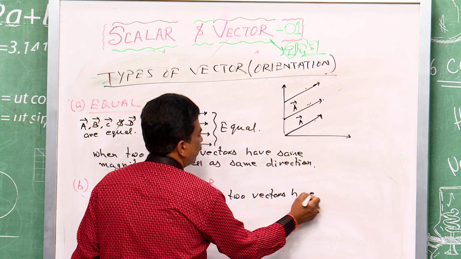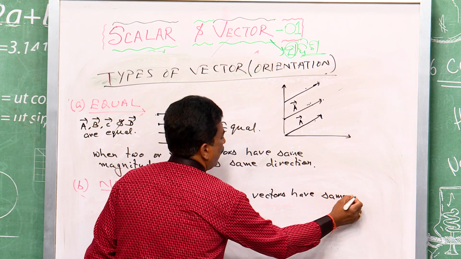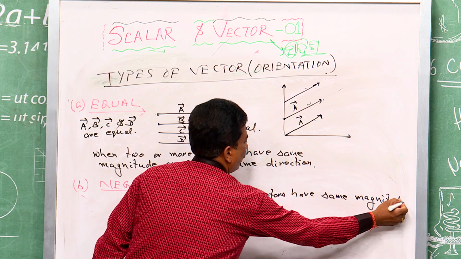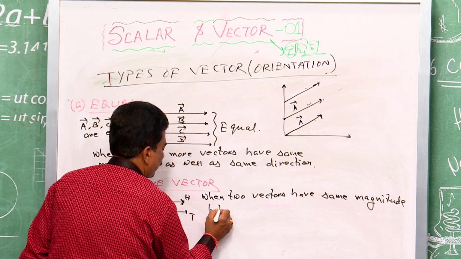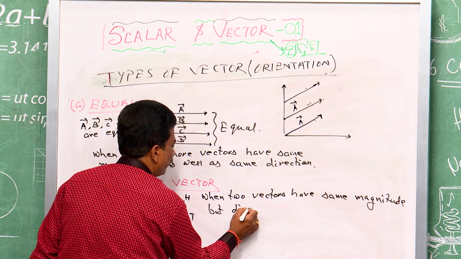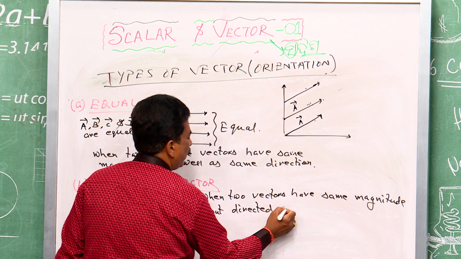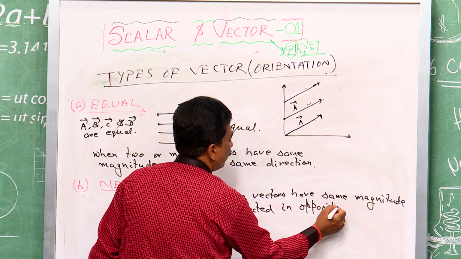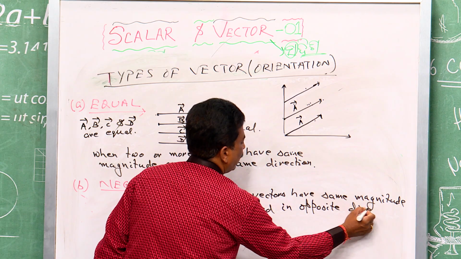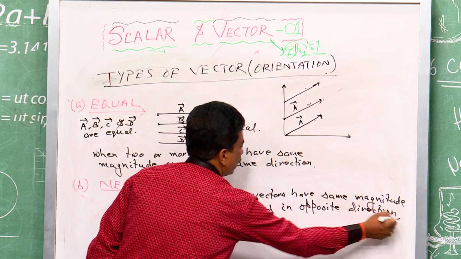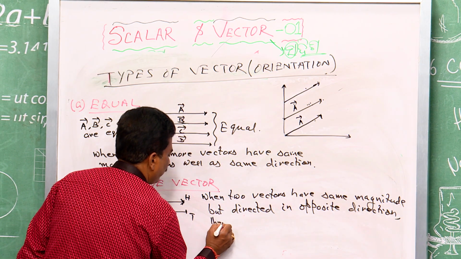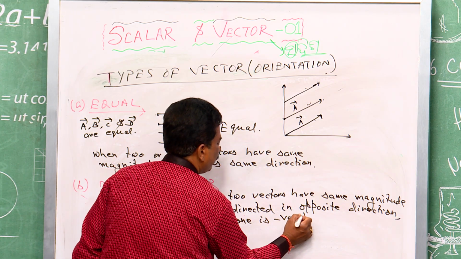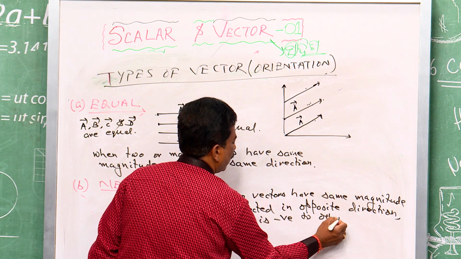So the definition is: when two vectors have the same magnitude but are directed in opposite directions, then one is negative to the other.